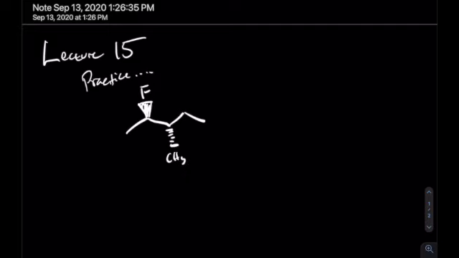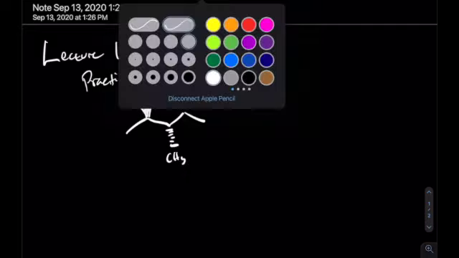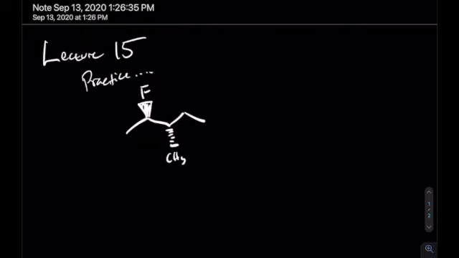All right, now if we wanted to name this, we initially just go ahead and do our nomenclature for alkanes. We start numbering 2, 3, 4, 5. Based on our numbering scheme, we're going to count towards the fluoride first, and that's going to give us our lowest number. So that's 2-fluoro-3-methyl-5.